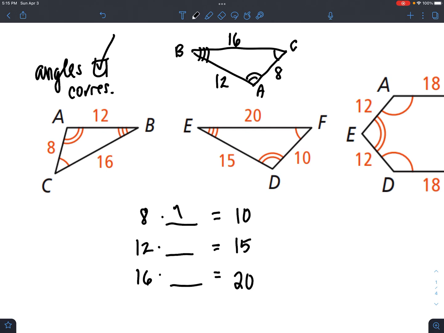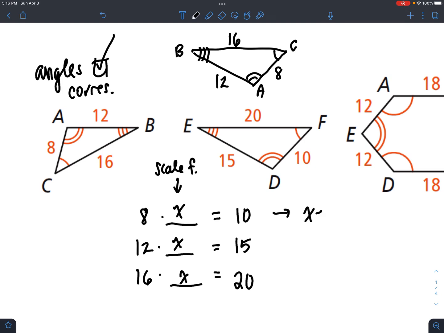So the scale factor, which I want to call x, you can call it whatever you want. You can call it n, doesn't matter. You can just write scale factor. We hope that the scale factor from one side to the other is the same, okay? We want to multiply each side by the same thing to get the corresponding side.